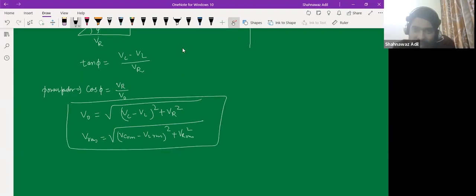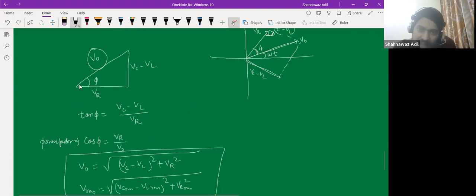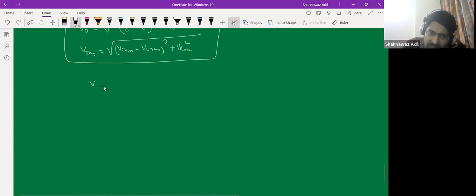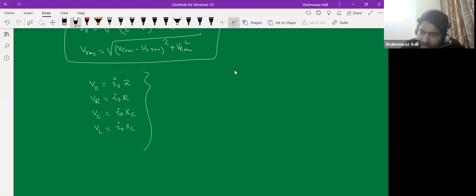And then we can also write this diagram in terms of impedance, right? If we write V naught as I naught Z, VR as I naught R, VC as I naught XC, and VL as I naught XL, then we get this diagram: Z, phi, R, and XC minus XL.